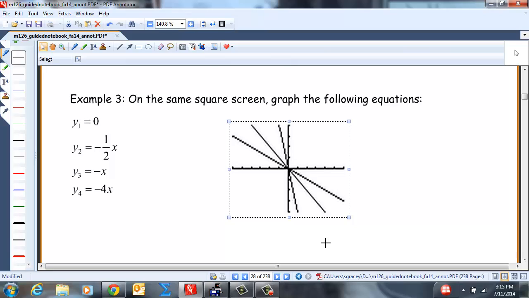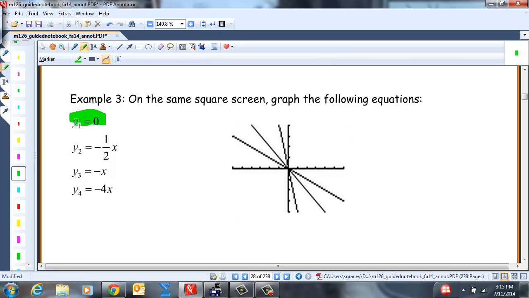So again, if we go through and if we highlight these, y1 is 0, the same as it was before. It's this line here on the axis, the x-axis, and then I think we had done the blue next.